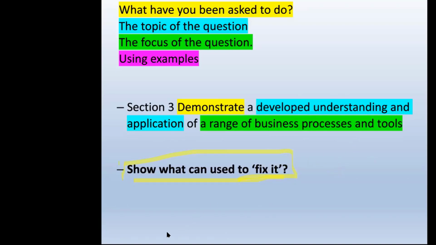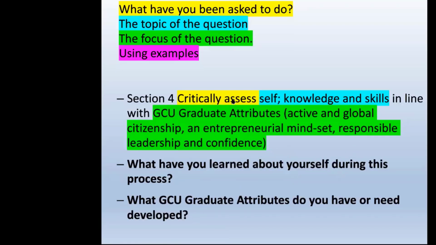And then section 4, the final one. You've been asked to critically assess yourself, your knowledge and skills, so where you are in line with graduate attributes. In other words, what a graduate should be. So you have to self-evaluate. Generally, the topic of the question is how has your knowledge and skills advanced in line with graduate attributes?